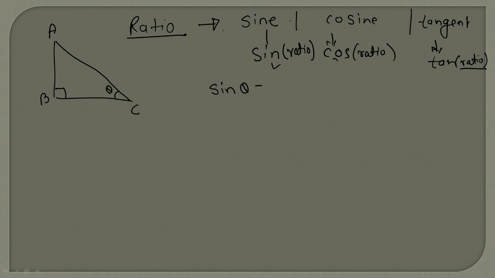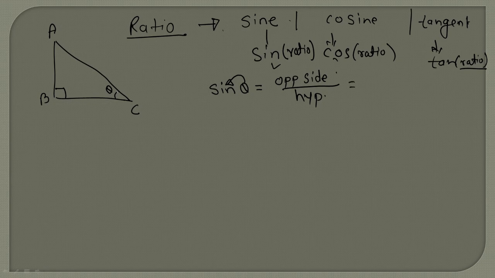So what is the ratio for sine? We have to find the ratio for this angle theta. Which ratio do we want? We want the sine ratio. So sine ratio is the side opposite to angle theta upon hypotenuse.